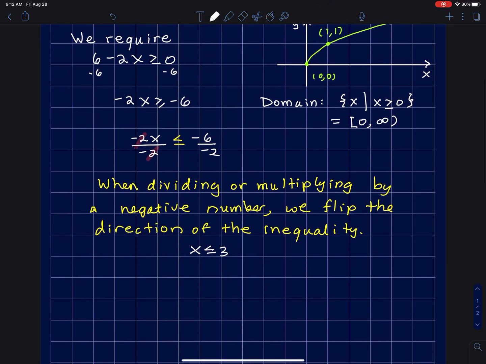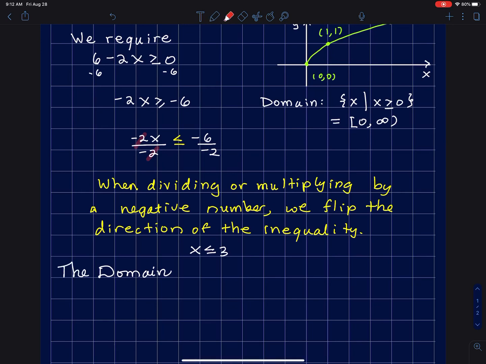And that is the domain. Let me write it this way.